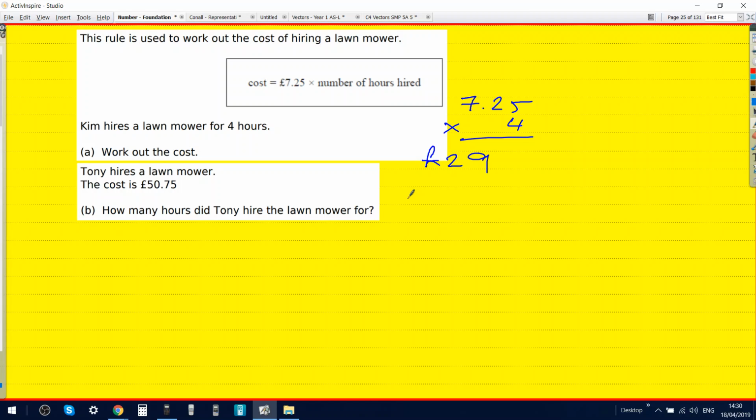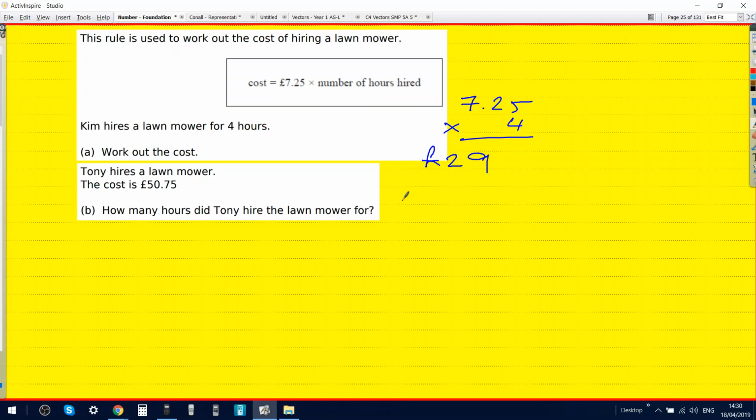So we know that 4 hours is equal to £29. So basically, what we want to do is find out what 1 hour is worth. So 1 hour is £7.25.